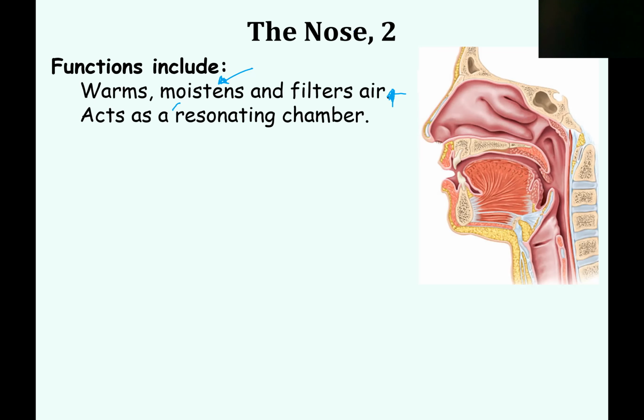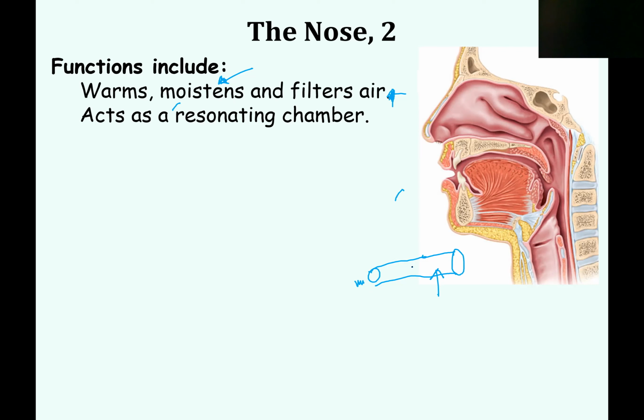Acts as a resonating chamber for sound. Okay, so what do we mean by that? We need to think of the respiratory system, at least the upper respiratory tract, as a megaphone. You have vocal cords that produce sound. The pharynx is the next organ, and the nose is like the big end of the megaphone.